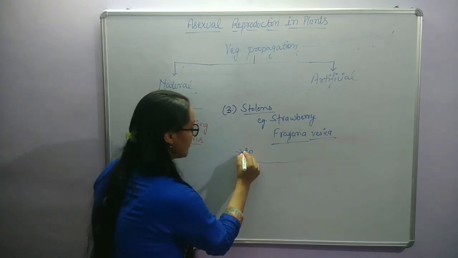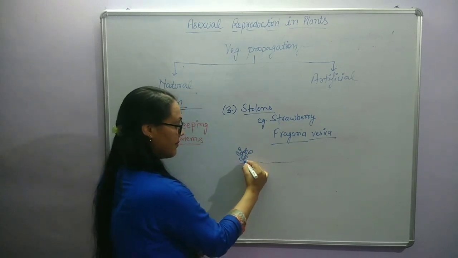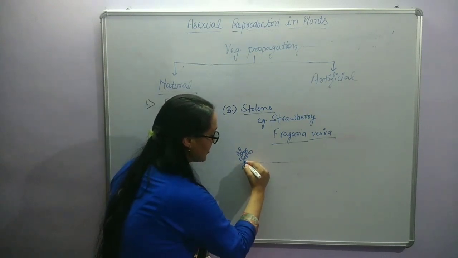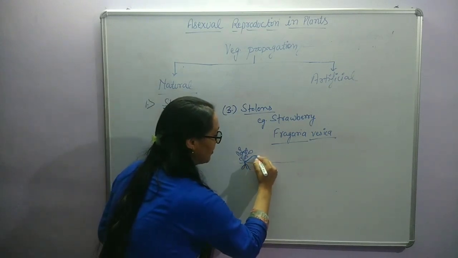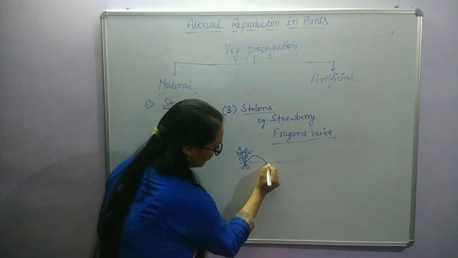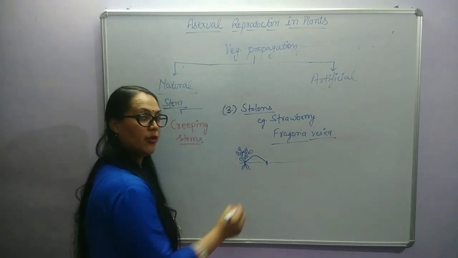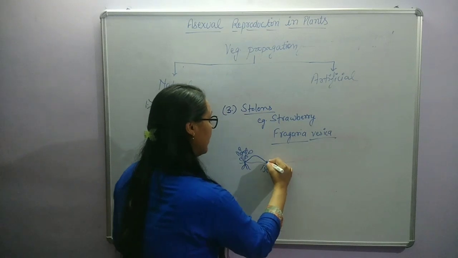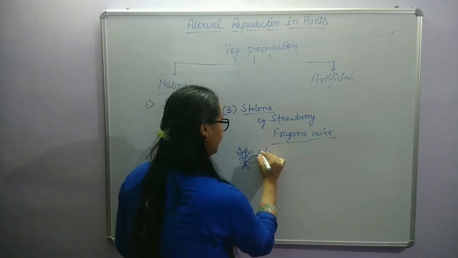Now what happens? A horizontal branch arises from this node. This horizontal branch does not run parallel to the ground. It takes a loop like this, and when this loop or node touches the ground, it again gives rise to a new plant this way.